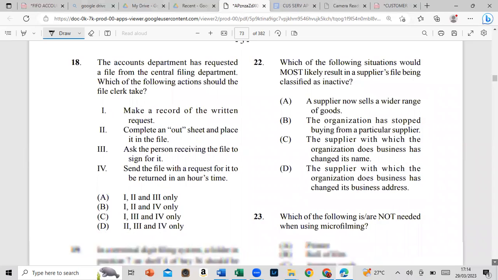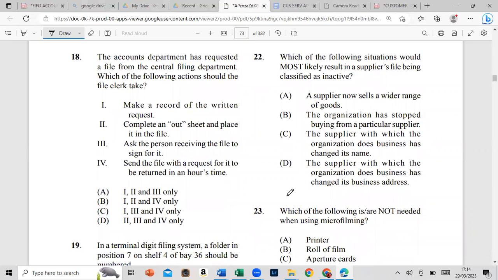Alright, let's go. Number 18. The accounts department has requested a file from the central filing department. Which of the following actions should the file clerk take? 1. Make a record of the written request. 2. Complete an out sheet and place it in the file. 3. Ask the person who received the file to sign for it. 4. Send the file with a request for it to be returned in an hour's time.